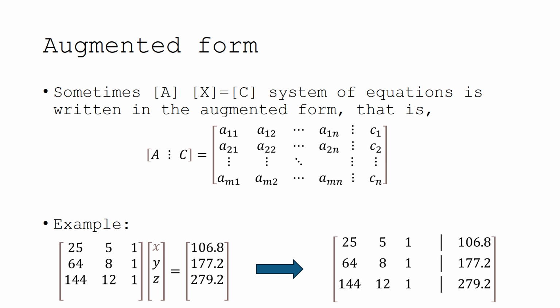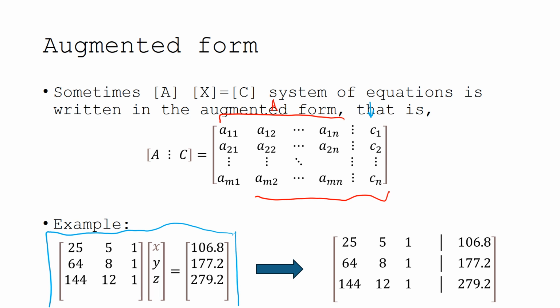Another representation that is not that different is called the augmented format. Maybe you have used this when you used an iterative solution. With the augmented format, we're going to have one big matrix that contains the matrix A, and then we add the column C at the end here. So for example, this is our matrix representation of the previous problem.